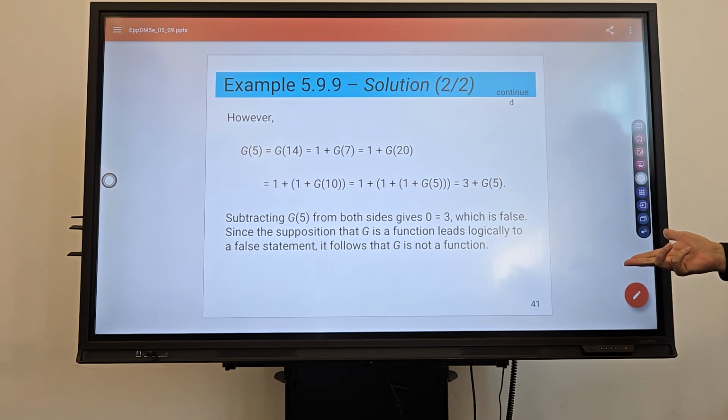Subtracting G of 5 from both sides gives you 0 equals 3, which is false. And so the supposition that G is a function leads logically to a false statement. And it follows that G is not a function.